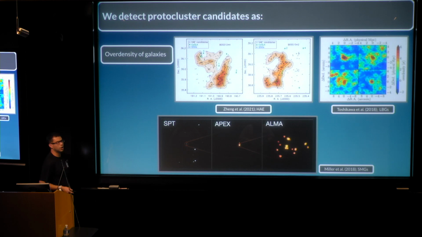Then if we perform an observational follow-up with better angular resolution, we can see that point sources in low resolution 2 millimeter observations are basically composed of multiple sources in very small areas of about 100 kiloparsecs. So this is a very famous protocluster, at redshift 4.3, composed of 14 sources at that redshift that compose the protocluster core.